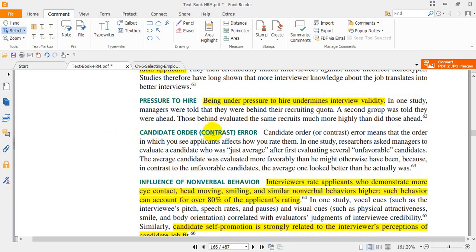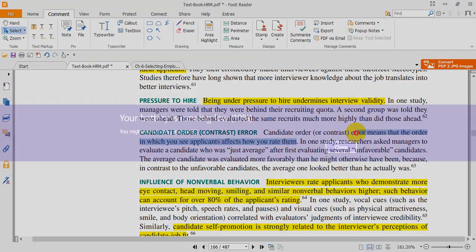Candidate order or contrast error. Candidate order or contrast error means that the order in which you see applicants affects how you rate them.